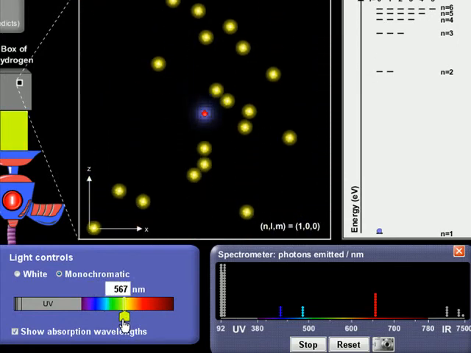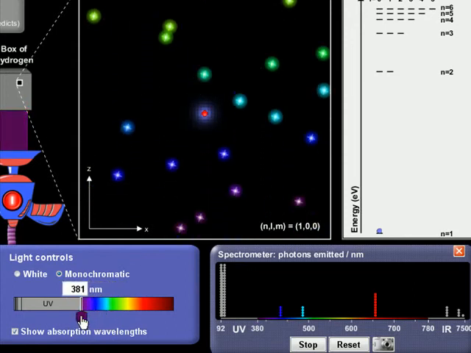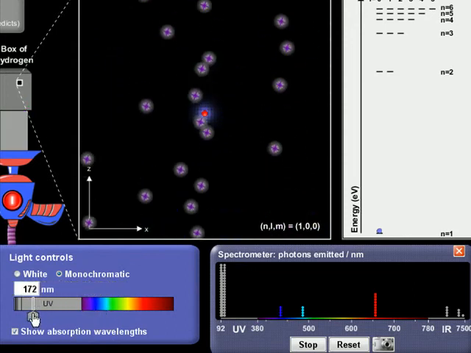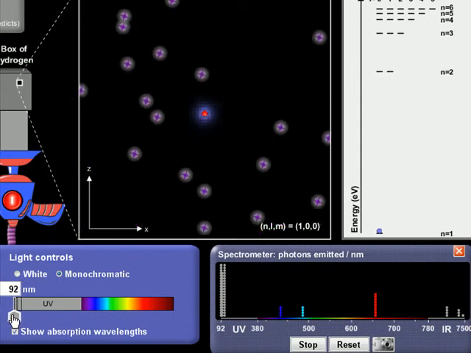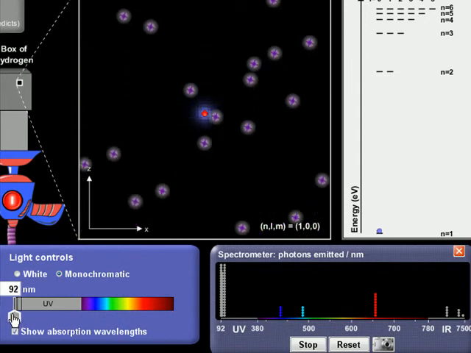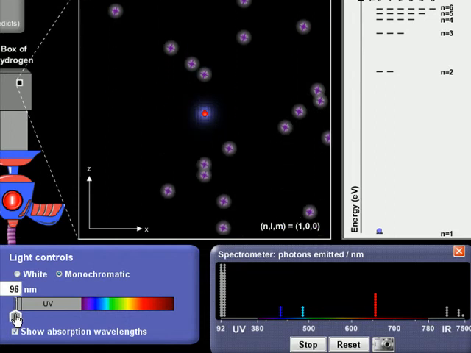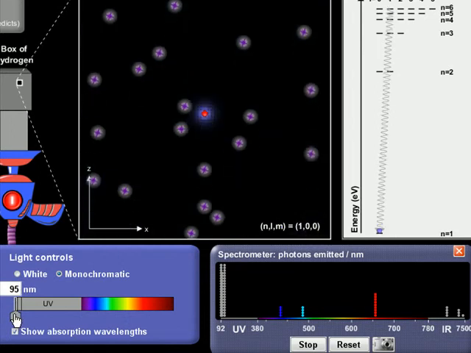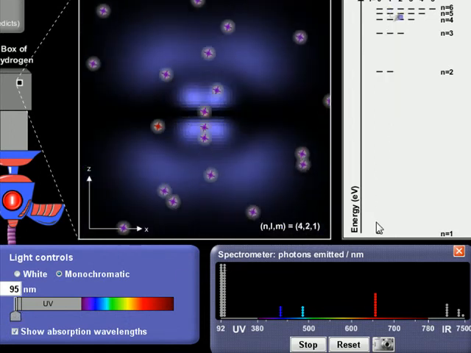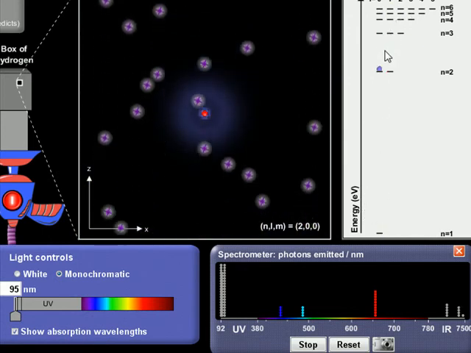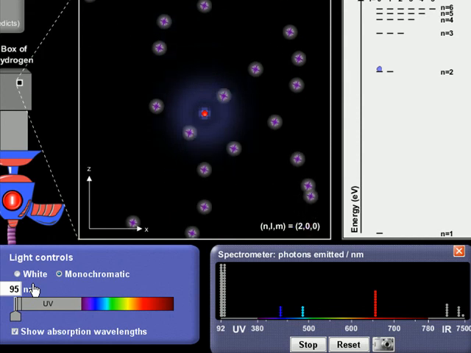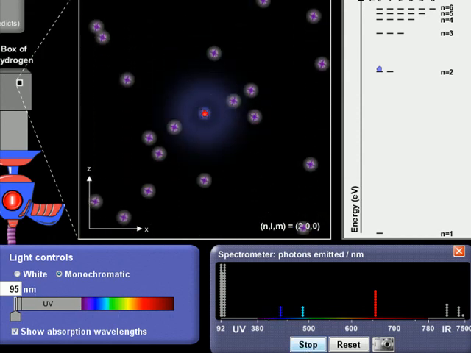What I'm showing here is that in quantum mechanics, if you don't have light of the correct frequency coming in, it does nothing to the atom. It needs sufficient energy to knock things up. Very similar to the photoelectric effect, you need electrons of sufficient energy. Here I've just hit resonant frequency, I think it's 95 nanometers.